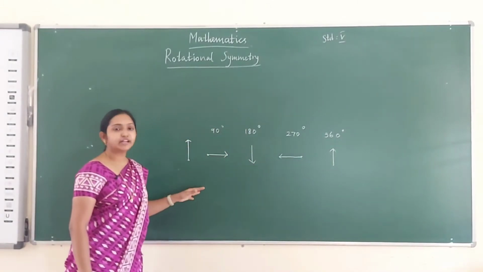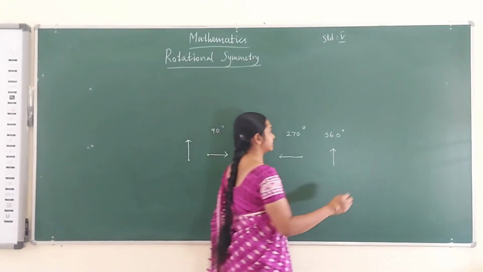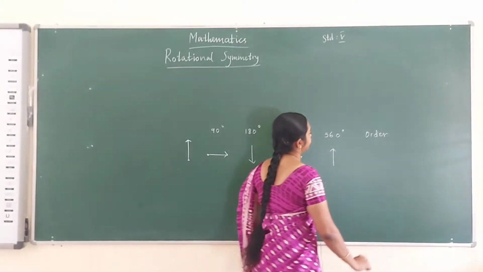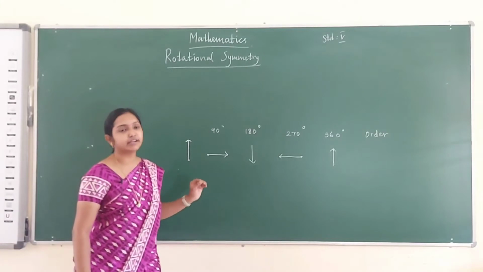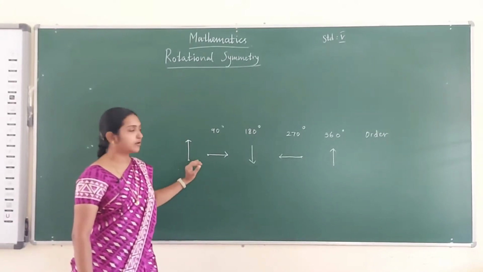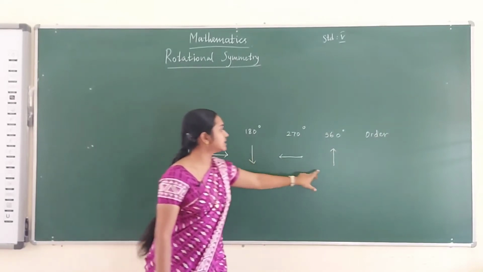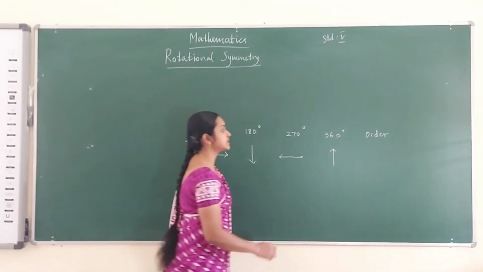So the number of times an object looks the same while rotating is called the order of the rotational symmetry. Here the first and last image are the same, so the number of times the object looked the same is equal to 1.